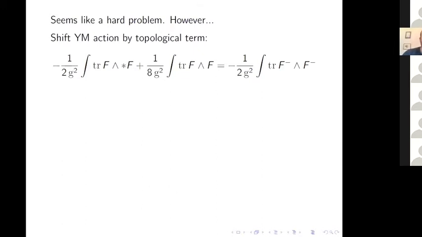So the first is to take your usual Yang-Mills action, that's the first term here, and shift it by an auspiciously chosen multiple of the topological term, trace f wedge f. This is like a Chern class, so it's a topological term, which means it doesn't affect perturbation theory.